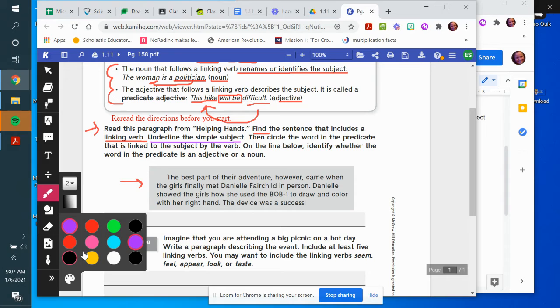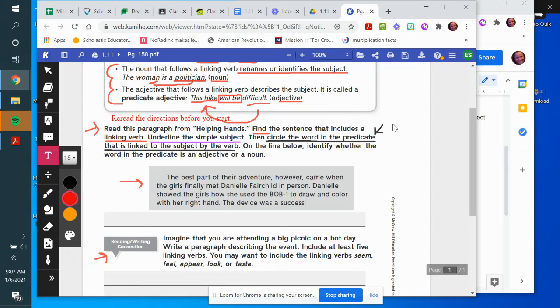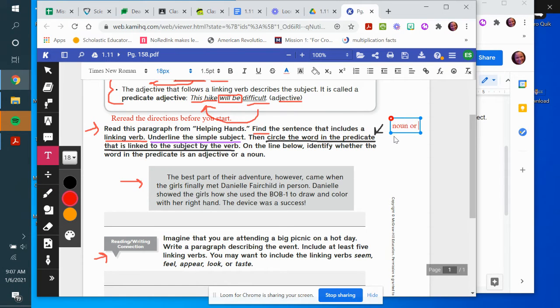And then we're going to circle the word in the predicate that is linked to the subject by the verb. What that means is you are circling the noun or adjective in that sentence. Okay, so you're underlining the subject, you are circling the noun or the adjective.